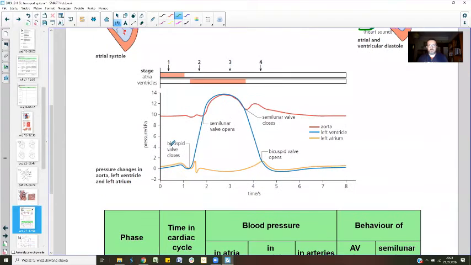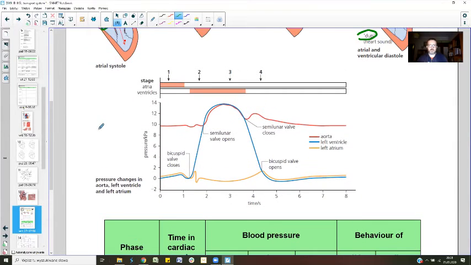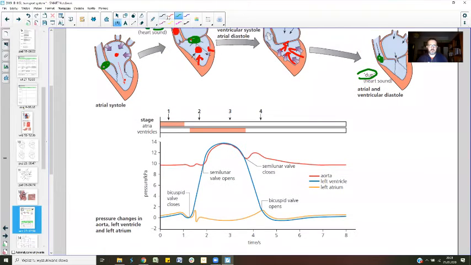This graph shows the change in blood pressure during the contraction of atria and ventricles. And here you can see that during the atrial systole, the blood pressure in the atrium increases. This is the left atrium, so it's a yellow line.